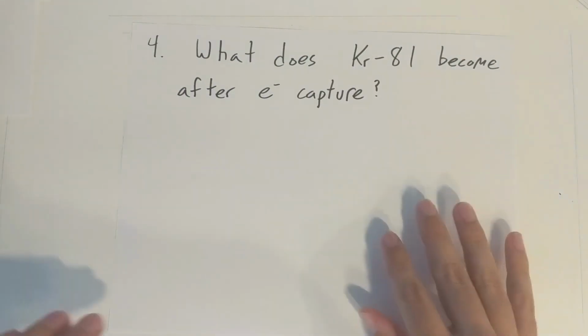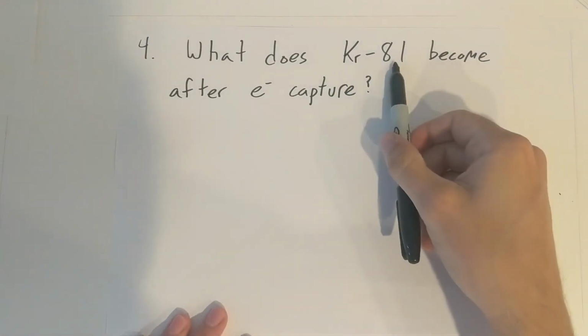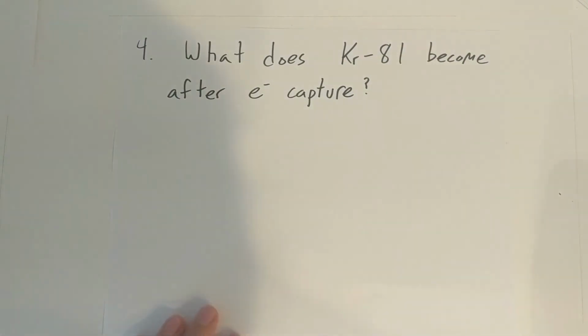Moving into our fourth question, what does krypton 81 become after electron capture? So electron capture is different because it's not getting shot out, it's getting captured.